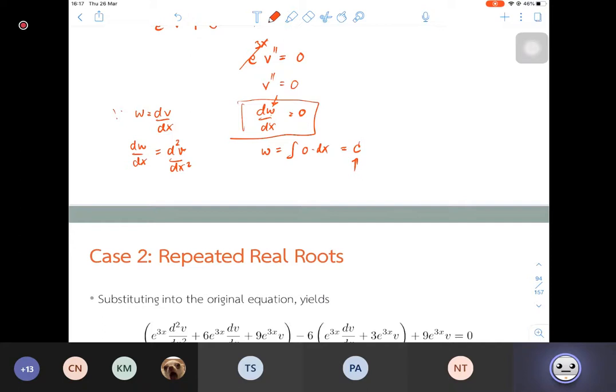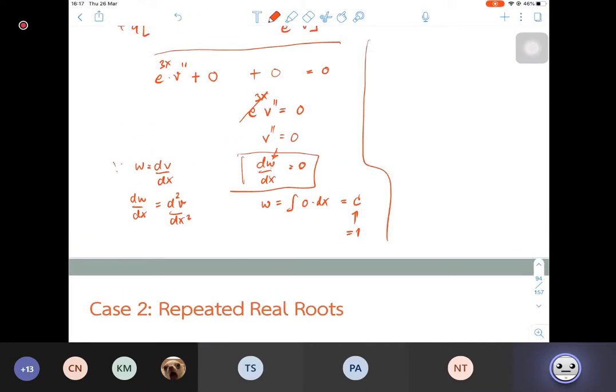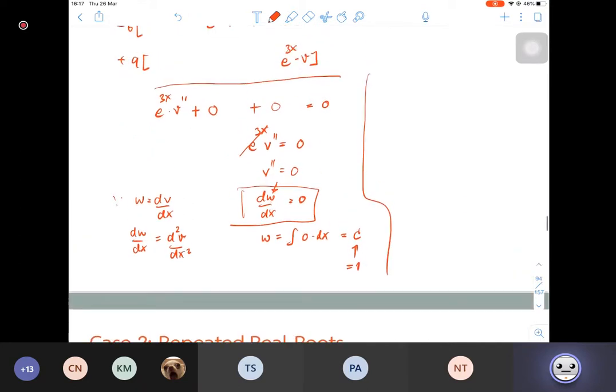And we take c equal to 1 here. So w equal to 1. So v is the integration of w dx, which is x.